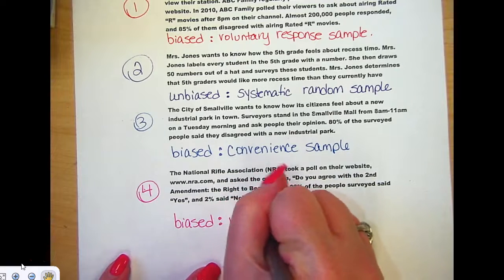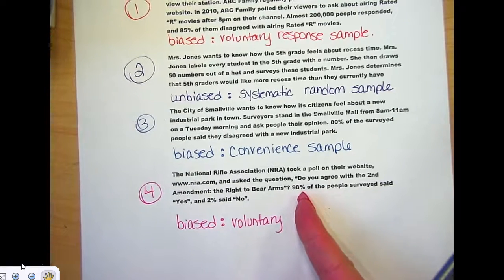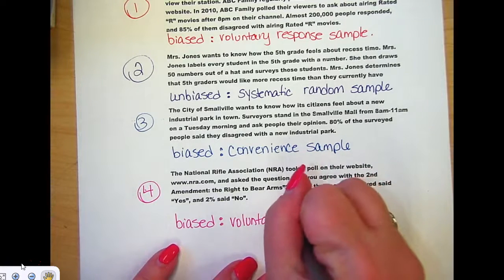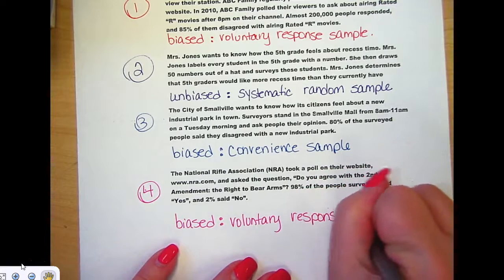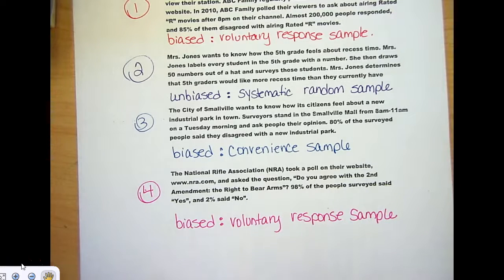So I'm not sure that you could use that statistic and say, well, if 98% of the people said they like it, then that applies to 98% of the population of the United States, because I don't think that 98% of the population would agree with the Second Amendment. So that's biased.